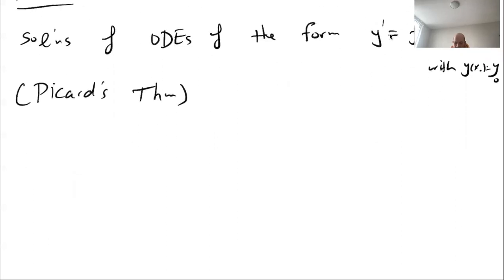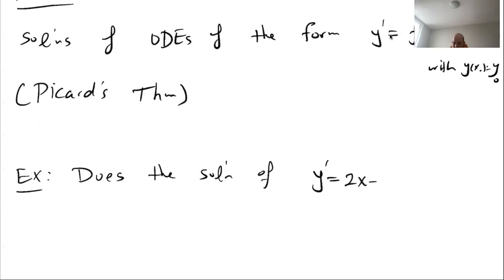So let's look at an example. We did one example last time. Let's look at another example. Does the solution of y prime equals 2x plus 3y squared with y of 1 equals 2 exist?